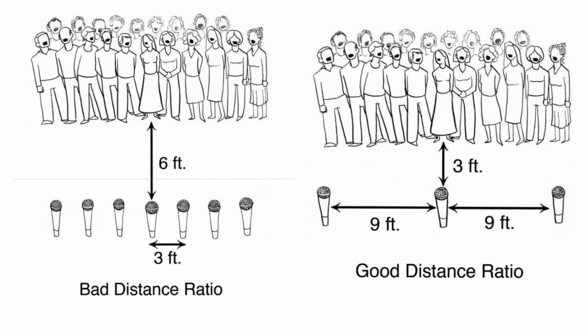Let's say mic 1 is positioned 3 feet from the nearest choir member. Mic 2 should then be placed 9 feet from mic 1's location. In more mathematical terms, a second microphone should be placed 3 times the distance from the first microphone as the first microphone distance is from the sound source.